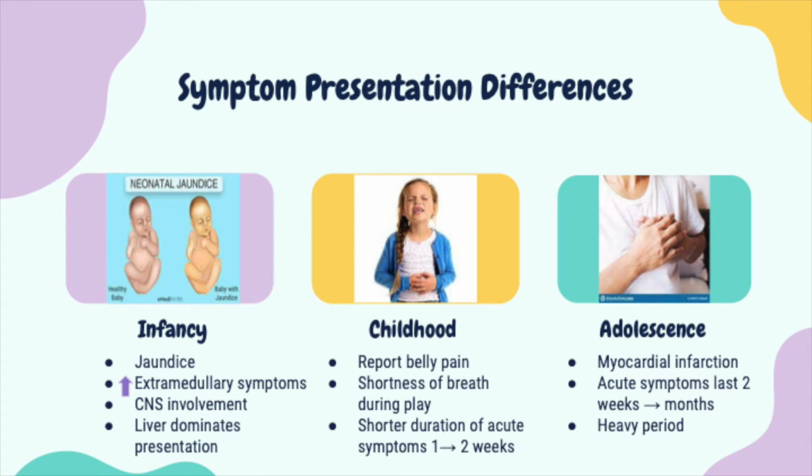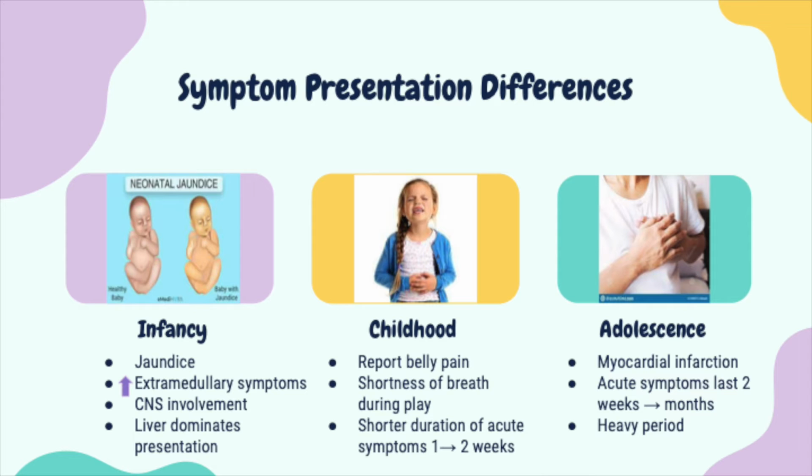There are a lot of similarities in clinical presentation, but the main differences are that in infancy, the child may present with jaundice, have higher white blood cell counts, and extramedullary symptoms such as notable skin lesions called leukemia cutis. However, liver involvement usually dominates clinical presentation for infants.